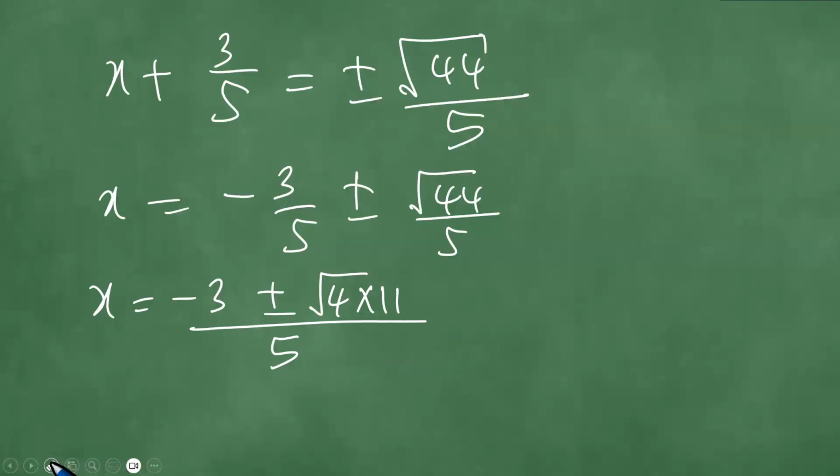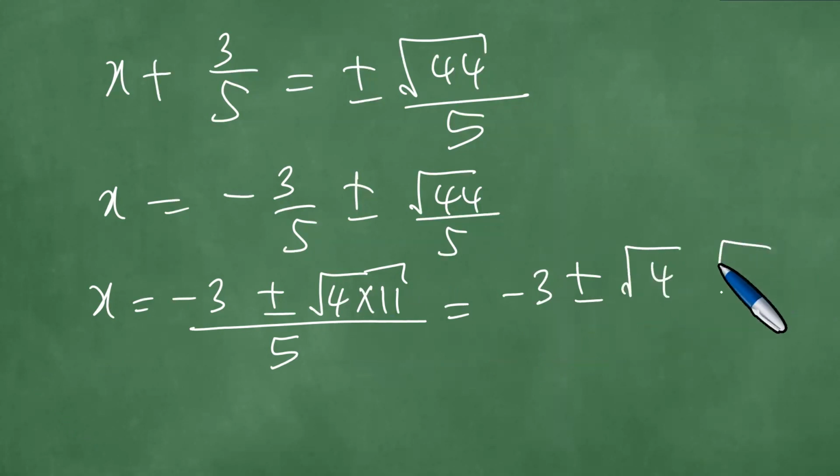Right, so when you get to this point, this is minus 3 plus or minus, what is the square root of 4? Because this you can write as the square root of 4, the square root of 11 divided by 5.